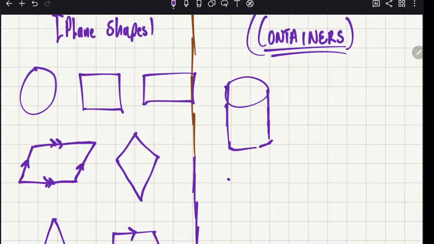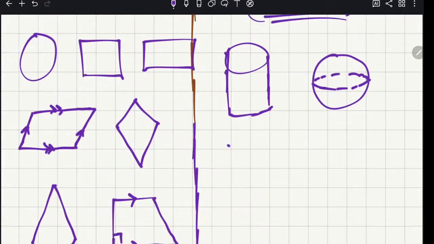Then you have obviously more and more, cuboid. You have your cone, which is like this. Then you have your pyramid, which is really a square with joints at one point. So these are 3D shapes.